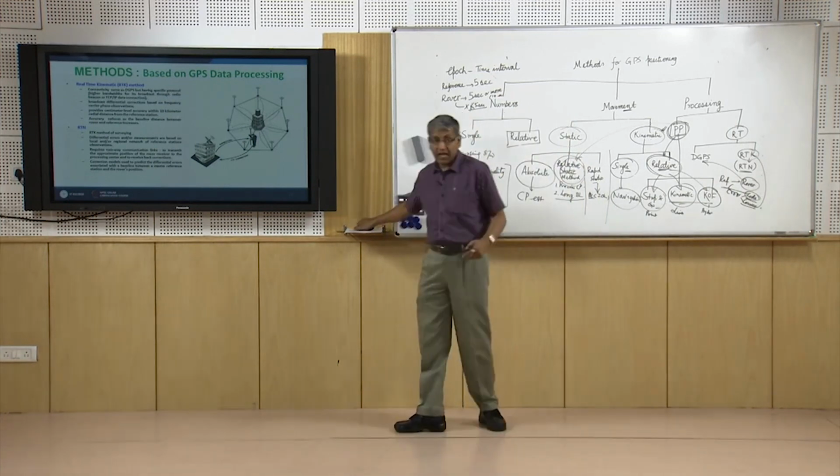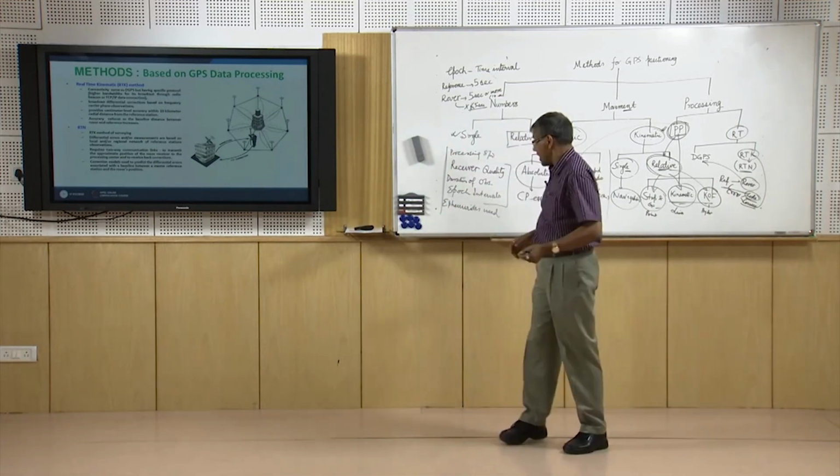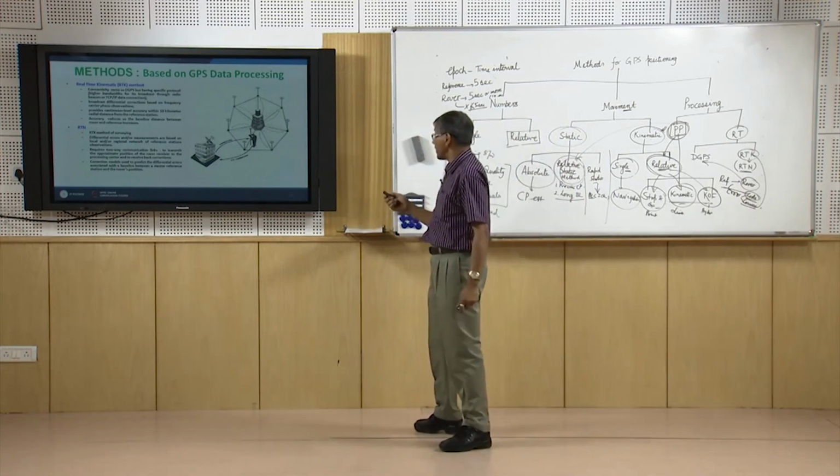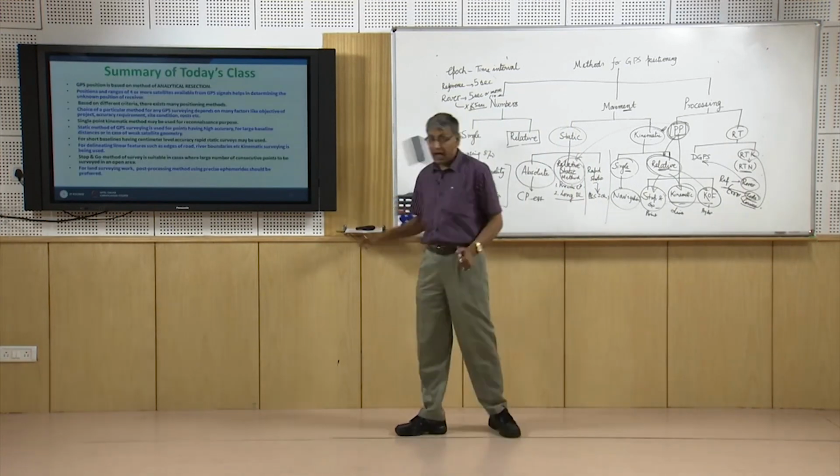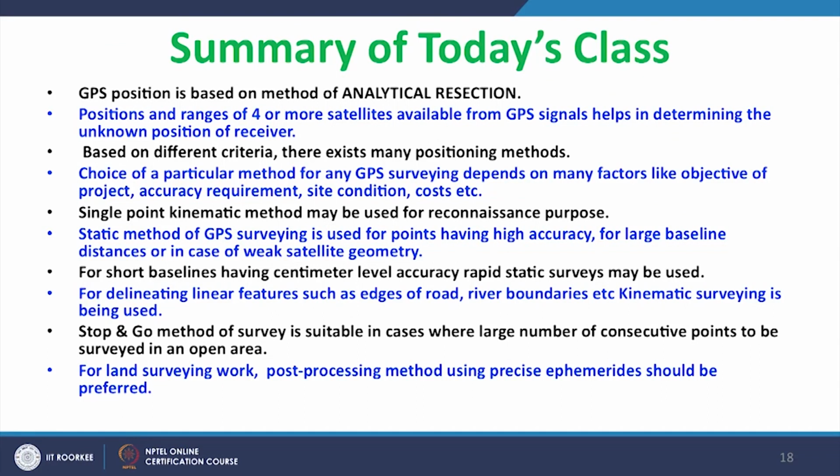So with this I would like to conclude today's class. However, before concluding let me summarize that it is the analytical dissection method which is the basis behind GPS positioning. For GPS positioning we need at least 4 satellites and preferably 5, and based on different criteria there are different methods available nowadays.